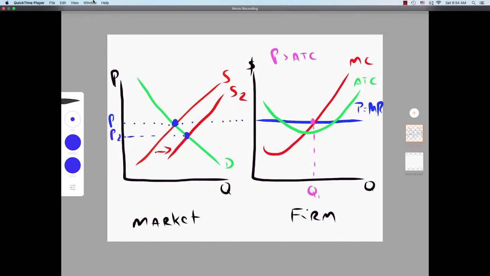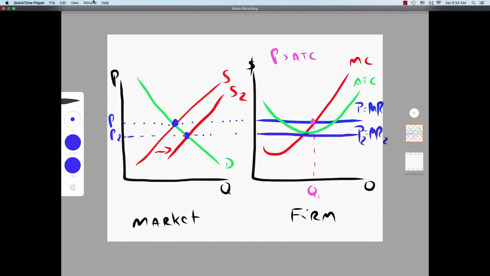They take the market price. Well, the market price has just changed. Look what happens now. Our new price, and consequently our new marginal revenue, is now lower than it was before. So is this firm earning a profit anymore?